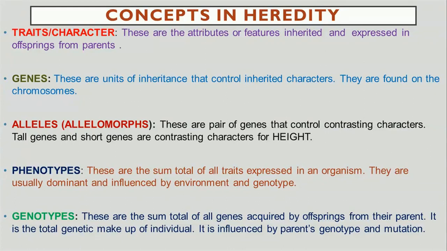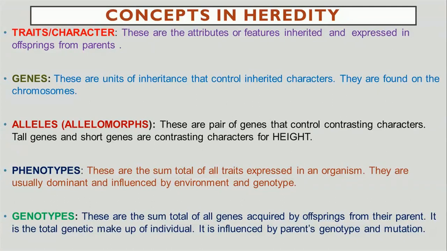Now, another one we need to discuss is phenotypes. These are the sum total of the traits expressed in an organism. They are usually dominant and are influenced by environment and genotype. What am I trying to say? If you observe an individual, all the characters that are expressed in that individual are phenotypes.